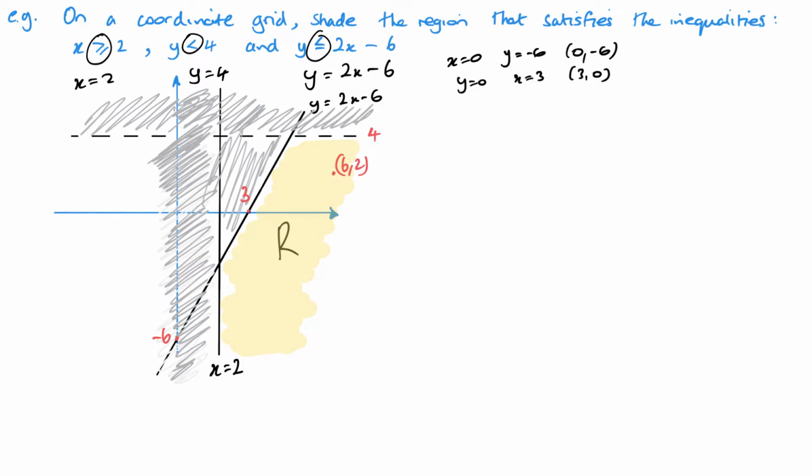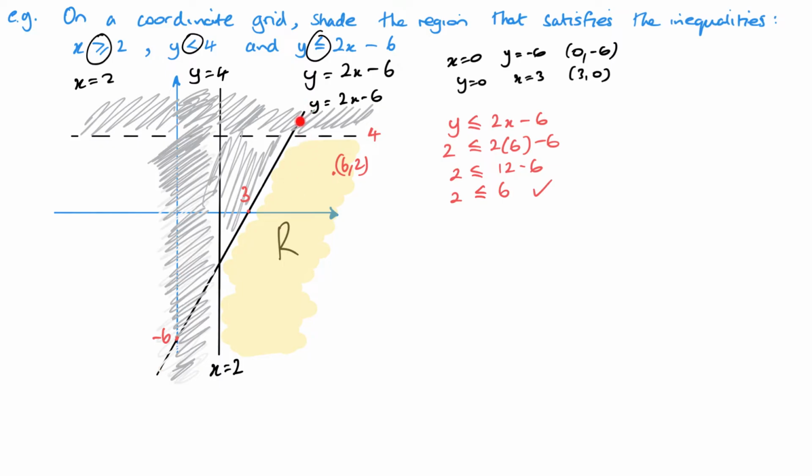Once I've got this coordinate, all I do then is just plug it in to that graph. My y is 2 and my x is 6. So 2 is less than or equal to 6. Well, that's obviously correct. If I picked a point that is above this line, then it wouldn't work out. Okay, so that's how I know I've definitely got my region in the right place.